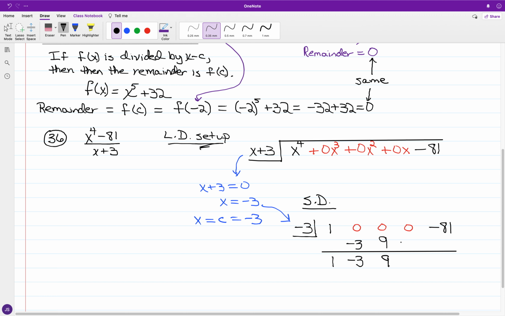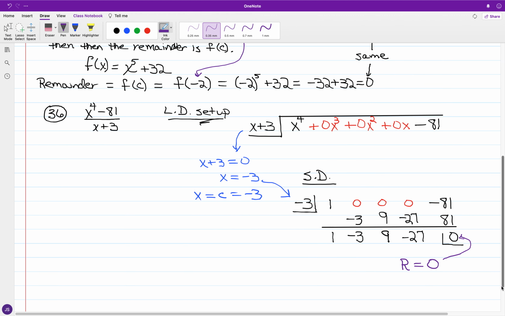Negative 3 times 9 is negative 27. 0 plus negative 27 is negative 27. And we have negative 3 times negative 27 is 81. And negative 81 plus 81, again, is going to be 0. And once again, we have that the remainder is 0.